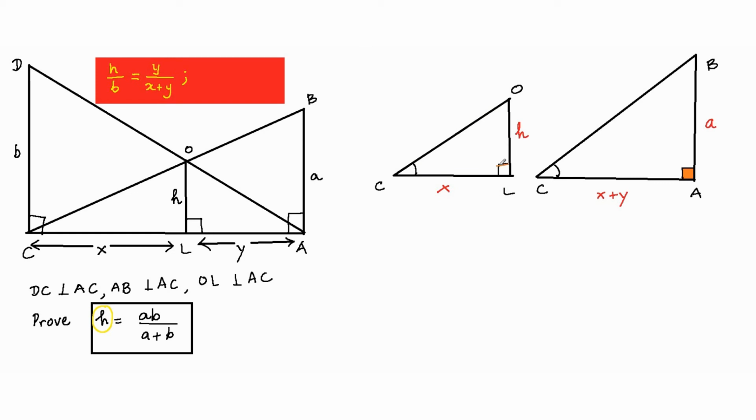And angle C forms the common angle in both the triangles, right? So these two angles are 90 and then I have a common angle in both the triangles. Let's mark the common angle. Therefore, by AA test, these two triangles are similar. So I will say consider triangle COL and triangle CBA for similarity.